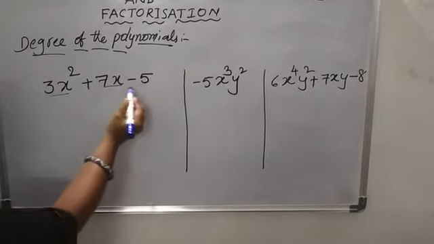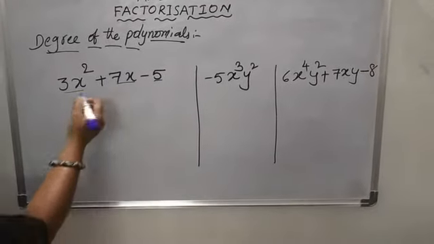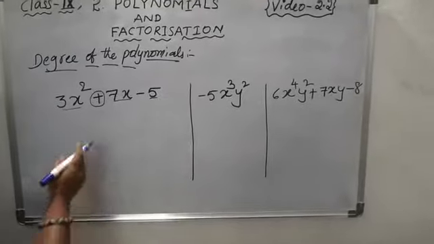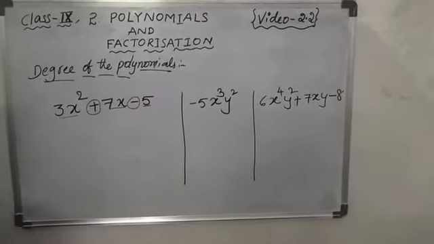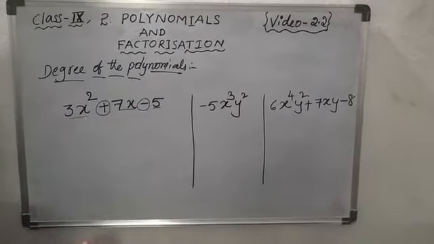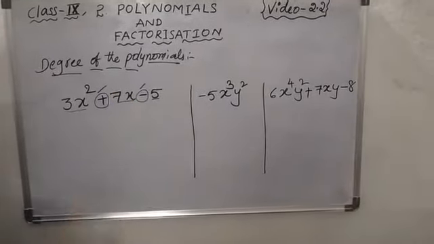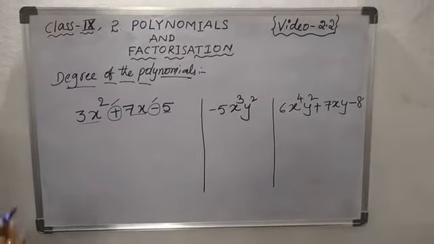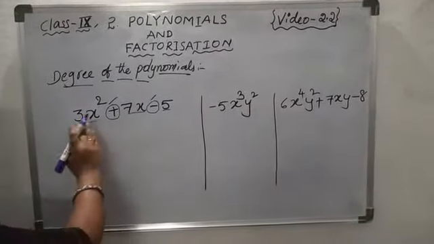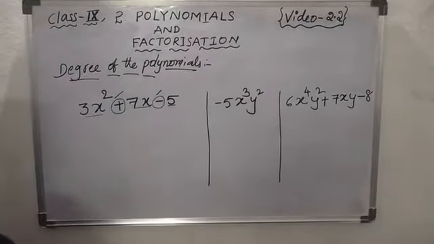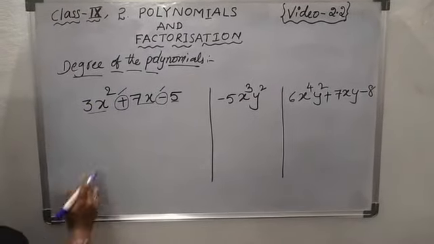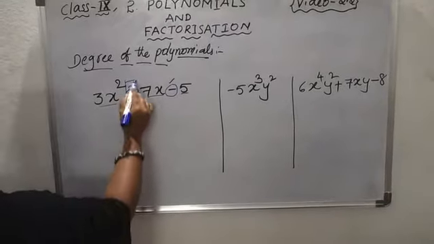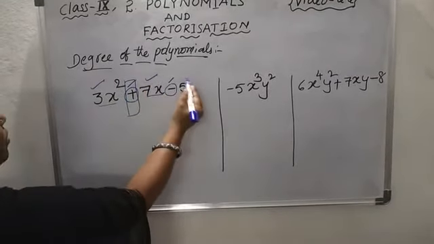These are all terms. How many terms do we have? Here in this example we are using two mathematical operations, plus and minus. These plus and minus operations are separating the given expression into some terms. How many terms here? 1, 2, 3.